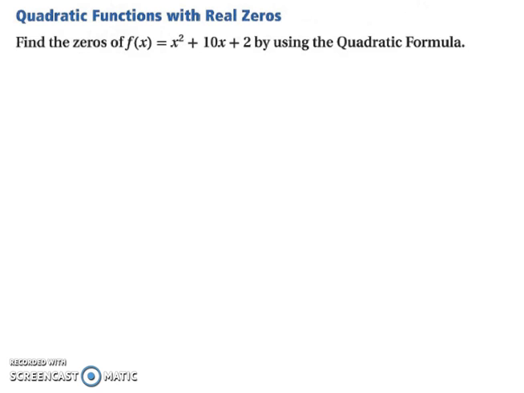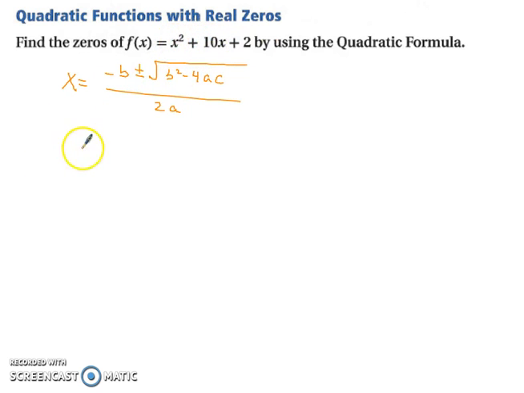Alright, so quadratic functions with real zeros. So if we look here, once again, our quadratic formula is the opposite of b plus or minus the square root of b squared minus 4ac, all divided by 2a. So let's start substituting in our values.